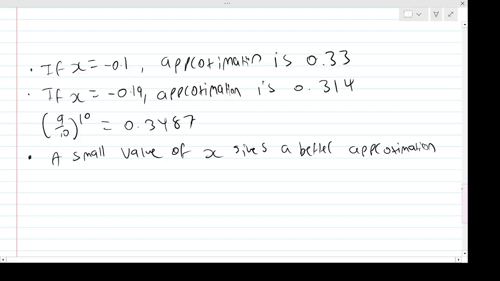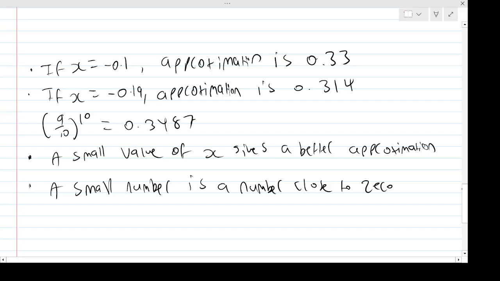And what we mean by small value, and you'll see this used in various parts of the course, when we refer to a small number, is basically a number close to 0. That's all we mean. If you think about a number line, we don't care about negatives, just how close it is to 0.